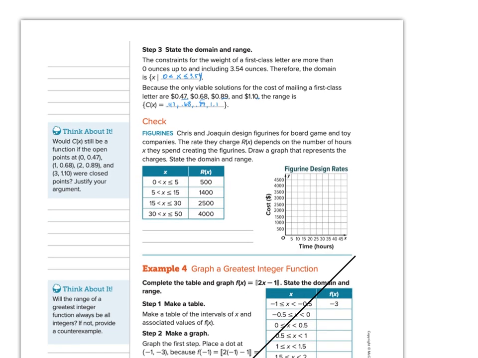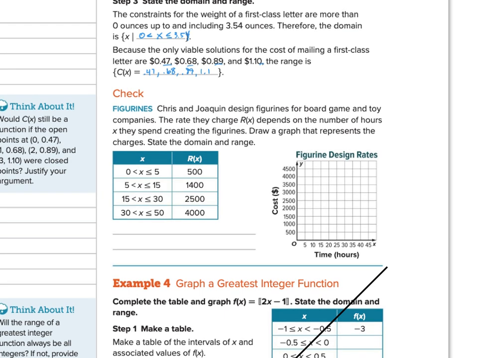And then here, if we look at this check, Chris and Joaquin design figurines for board games and toy companies. The rate they charge depends on the number of hours X they spend creating figurines. Draw a graph that represents the charges, and state the domain and range.